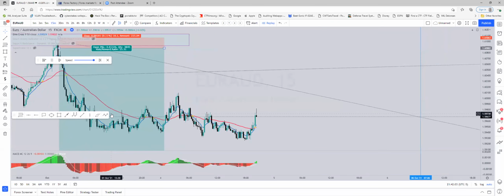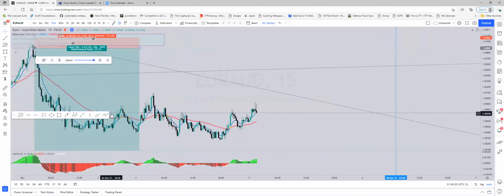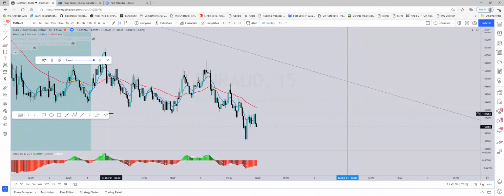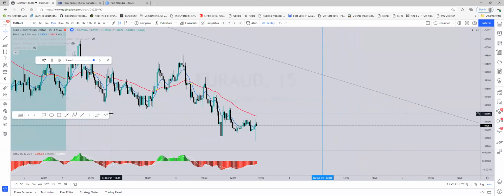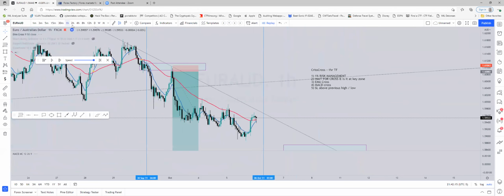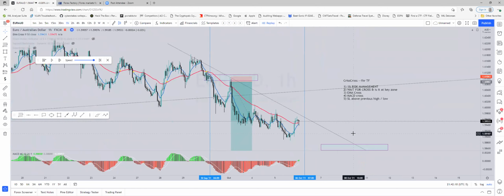How many pips did that end up going? Take it to your 1 hour, and yeah, finish playing it out.